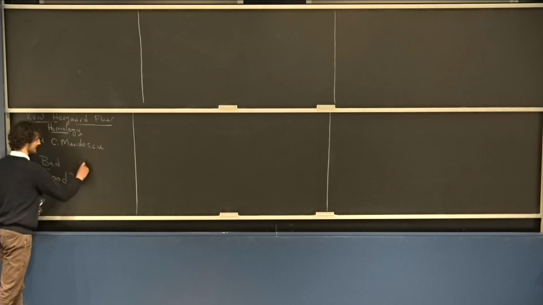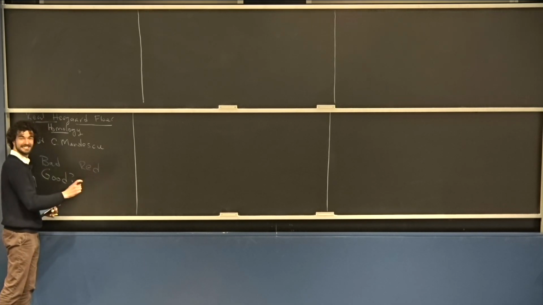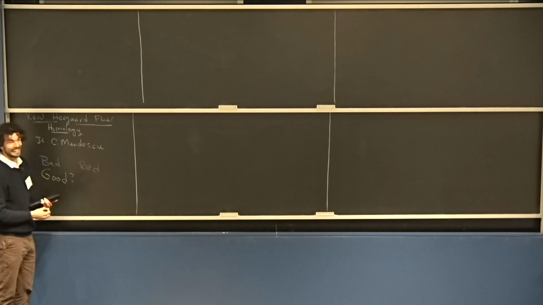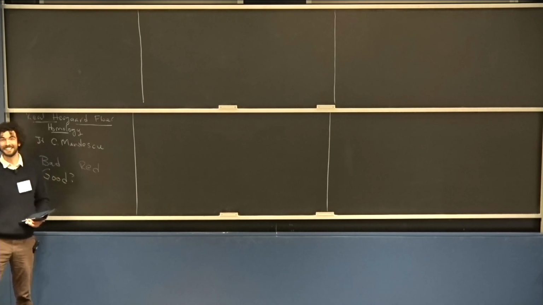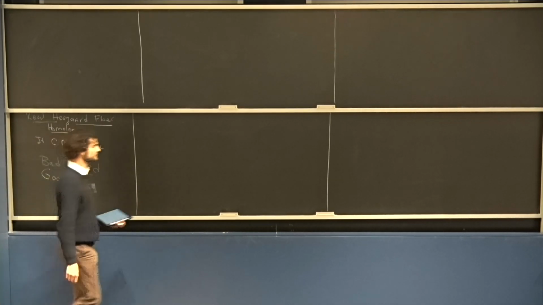Okay. But it looks like white. Okay. So I'll keep the question mark here. And red. Okay. I need 2 colors, so you'll have to be a little bit flexible with me. Okay. Great. So there's the eraser.